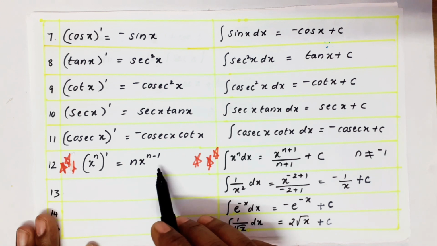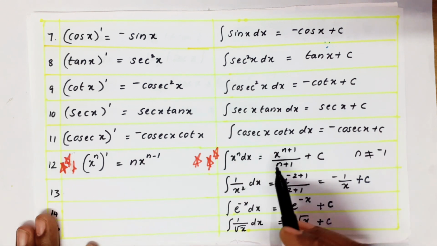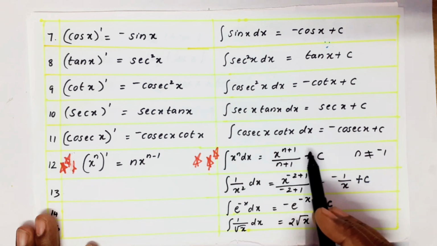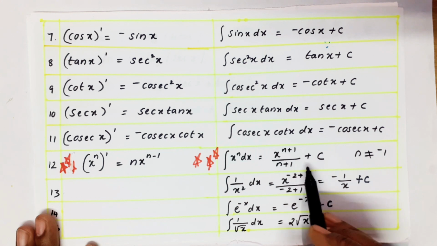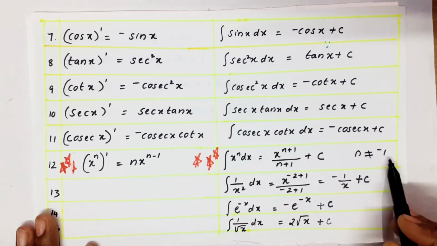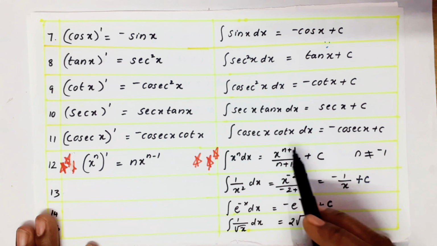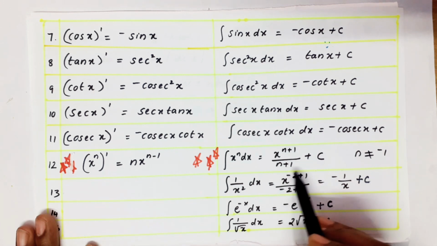Like that, the general formula for integration is the integral of x power n dx is x power n plus 1 by n plus 1 plus c. But here n should not be equal to minus 1. So, the integral of x power n dx is x power n plus 1 by n plus 1 plus c.